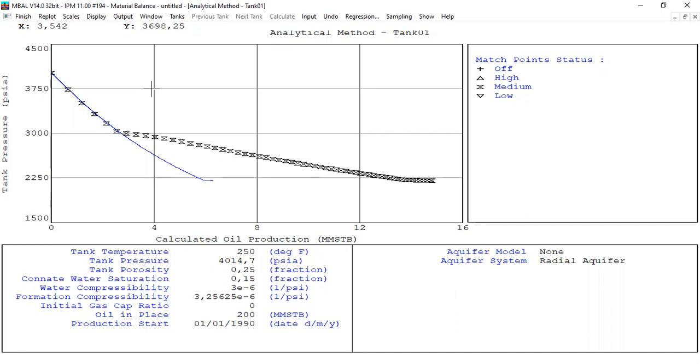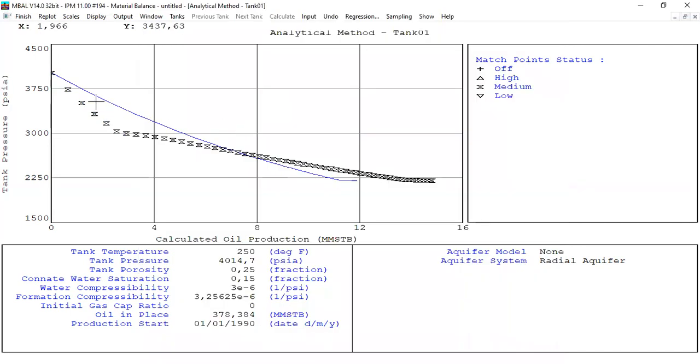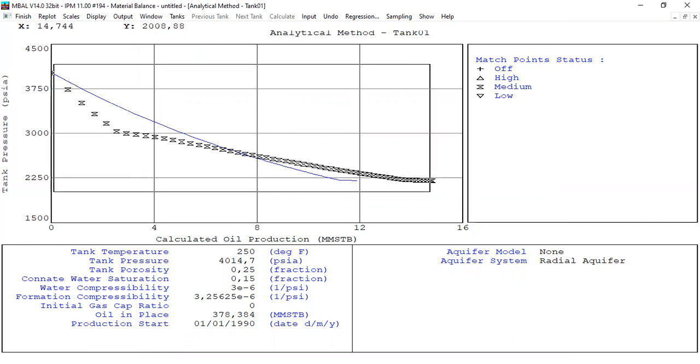But just to check, if we perform regression and regress the oil in place, what will happen if we click calculate? MBAL recommends this big oil in place. Let's click done. MBAL can give me this, but again, it still doesn't match.